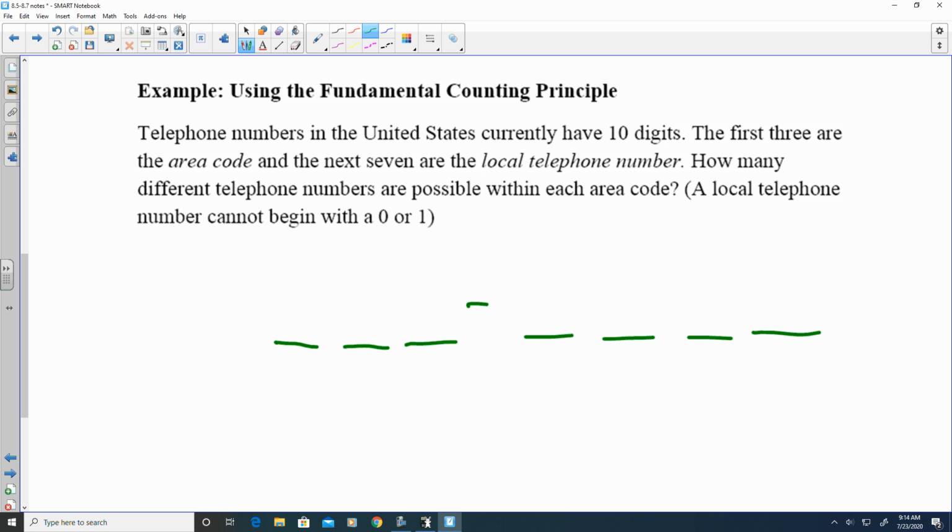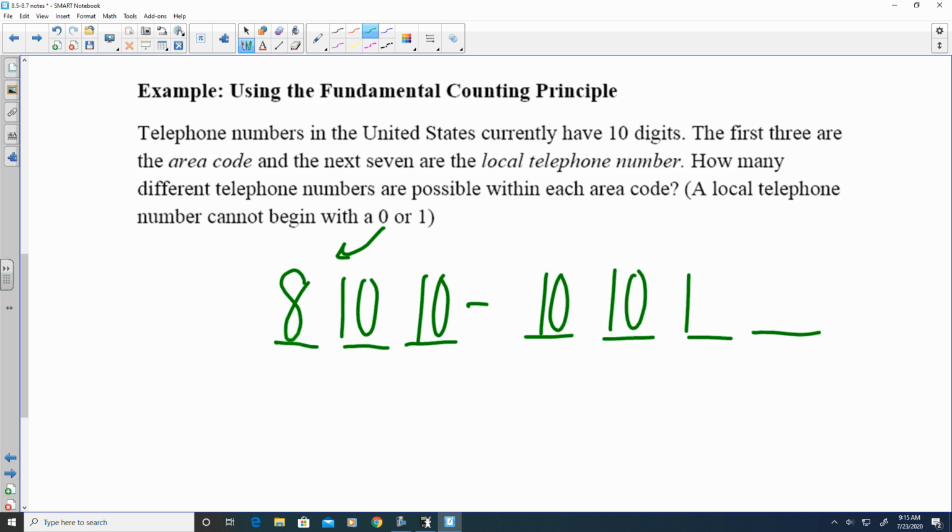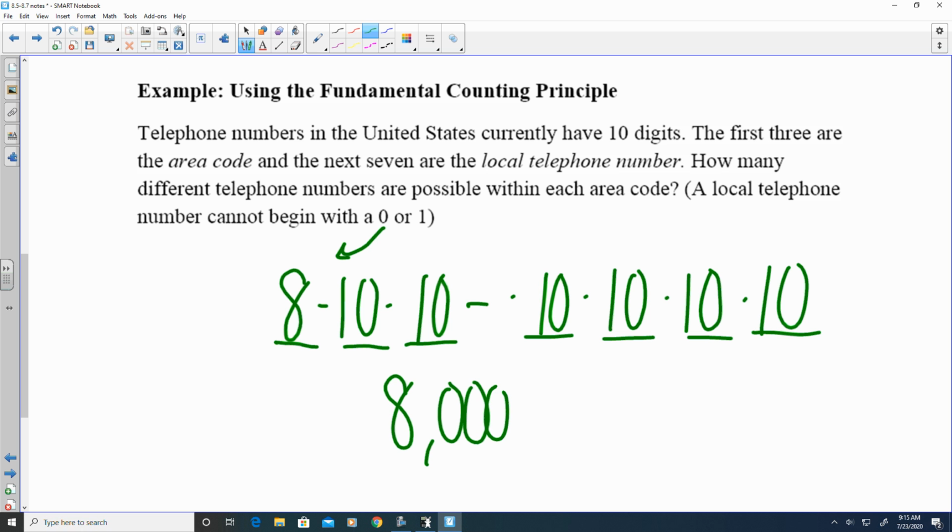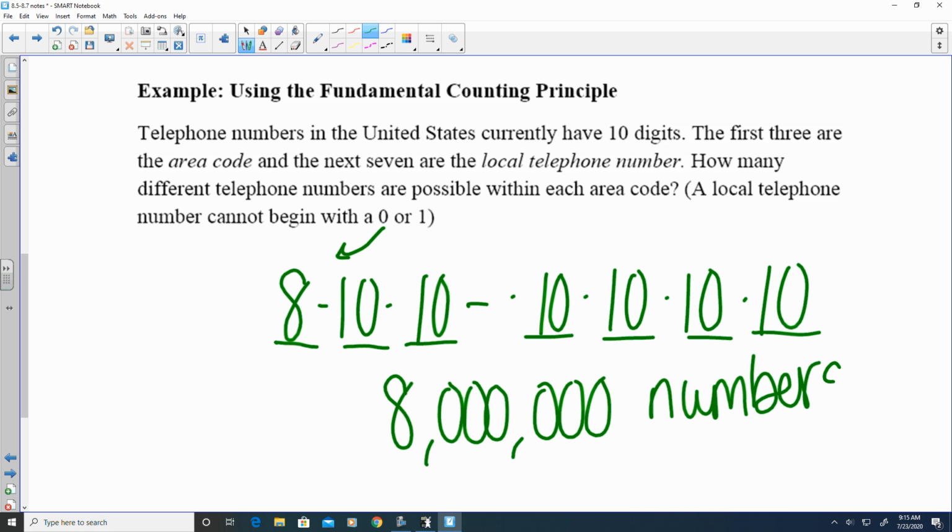I only have 8 since it can't be a 0 or a 1. But all of the rest, I potentially have 10 different options for 0 through 9. So then when I multiply all those together, there are 8 million numbers in each area code.